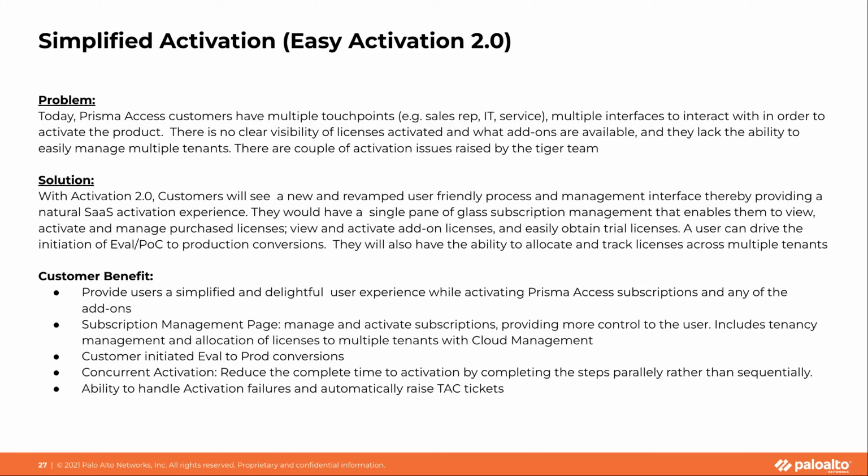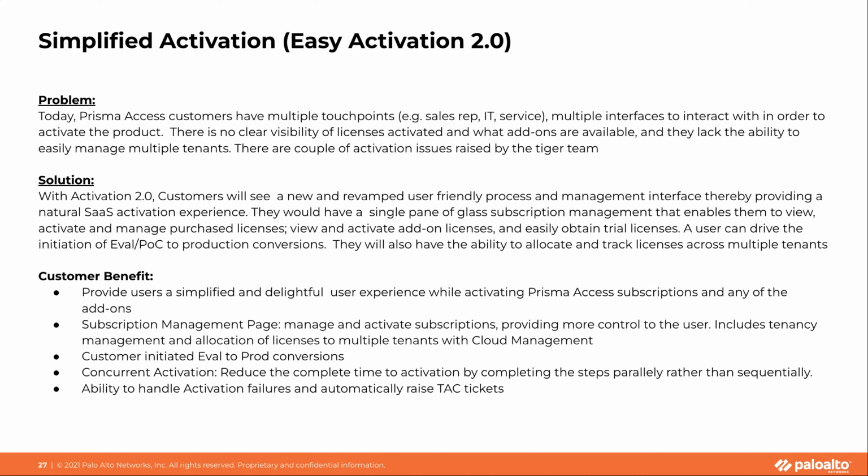So with Activation 2.0, we will have a user-friendly new dashboard that would enable a simplified experience for the customers from a single pane of glass. You will be able to manage all your subscriptions. You will be able to purchase licenses and activate add-on licenses. If you want a trial license, you can obtain all of that.